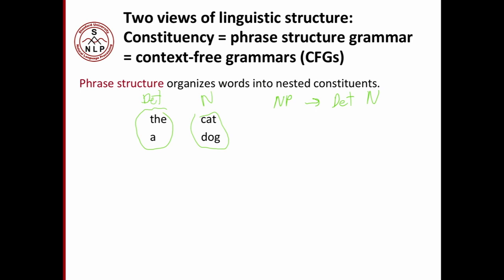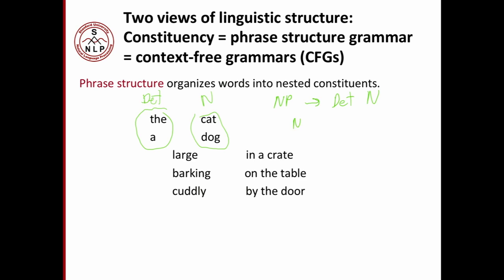Okay, but that's not the only thing that I can see. So I can also see other examples in my language of the large cat or a barking dog or the cuddly cat, the cuddly dog. So that seems that I need to put a bit more stuff into my grammar.